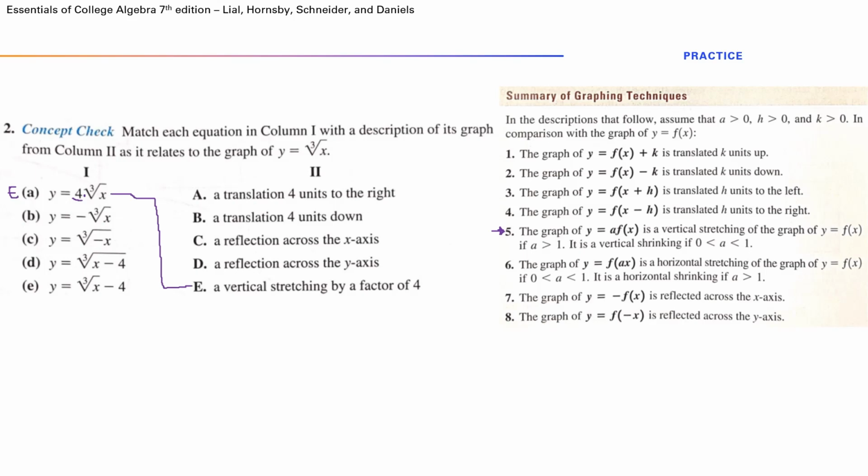Okay, now B, we have negative of f of x. That is outside, that's 7 right here.